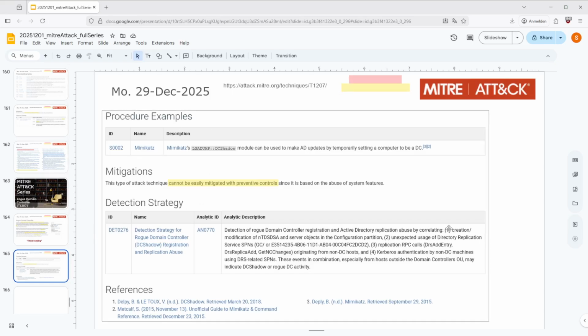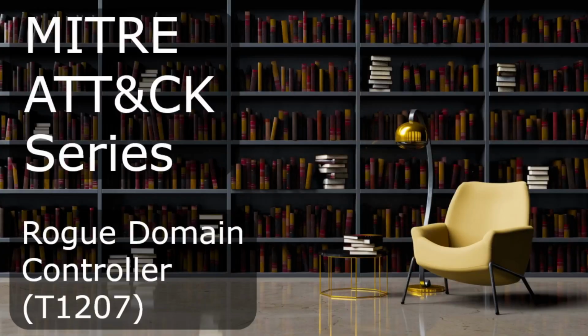And for detection, there is a four-step procedure that just describes what to look out for. Also NTDS data here. So if you see that in your logs, and you see unexpected replication of your AD, that's suspicious. The references are a bit weak, none of that caught my eye. But yeah, so this is it for now.